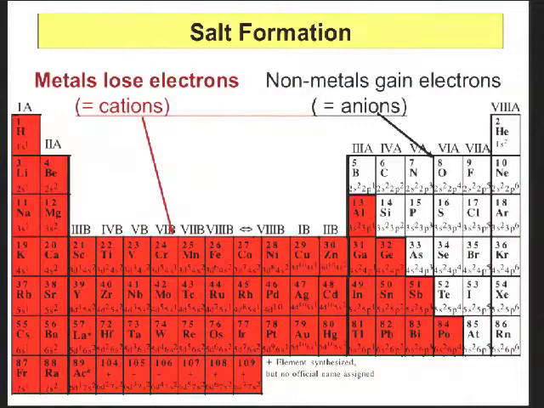And as we go across that third row from sodium, atomic number 11, the atomic number increases till we get to argon, atomic number 18. That means that as we go across any row, the number of positive charges in the nucleus is increasing.